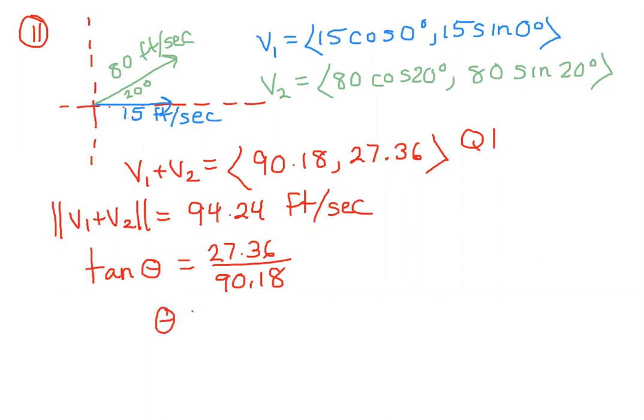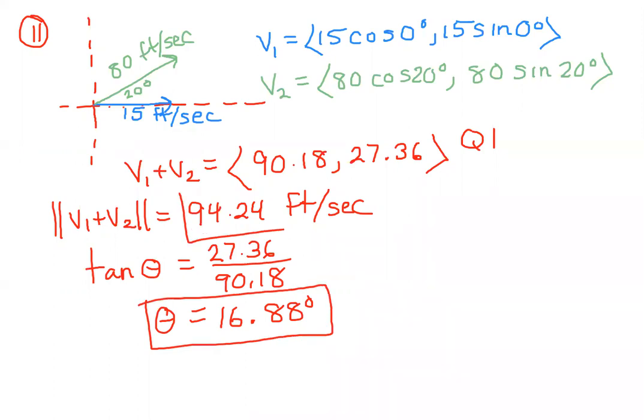So we can just use the angle that the calculator gives you, and it gives you 16.88 degrees. And it says, what is the speed and direction of the throw, didn't really tell you how they wanted the angle, so I guess we're just assuming it is with the horizontal because that's how the other angles were measured. So there's our direction, and here's our speed of that one.